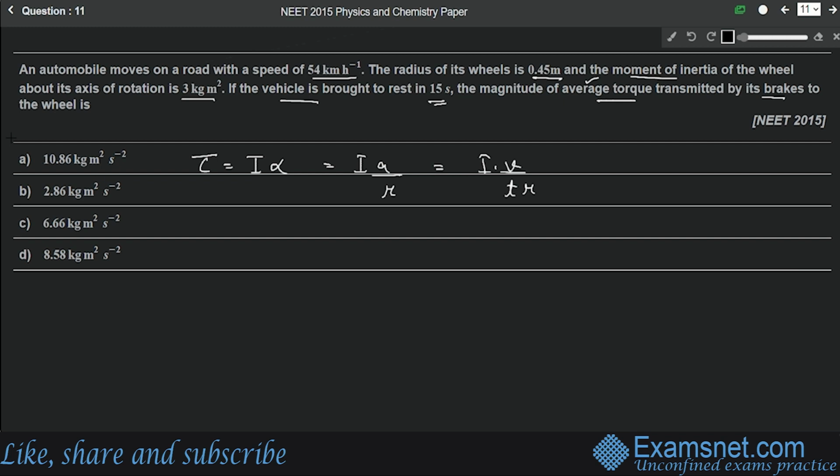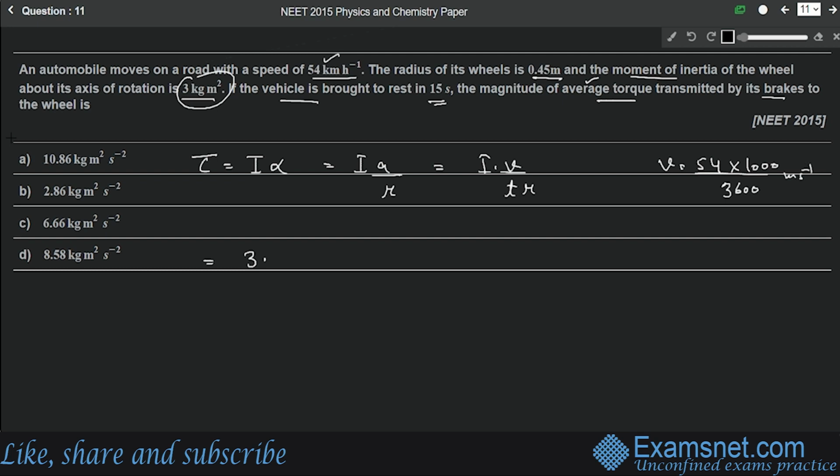Now let's see, what is the moment of inertia? It is given in the question as 3 kg meter square. So I is equal to 3. What is the speed? It is 54 kilometers per hour, so we will convert it into meter per second. V is equal to 54 into 1000 upon 3600 meters per second.